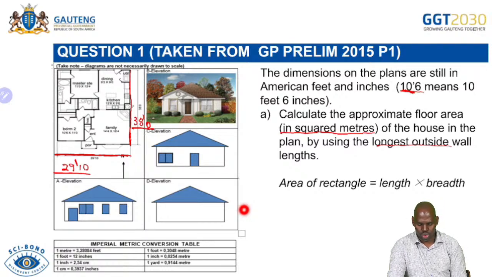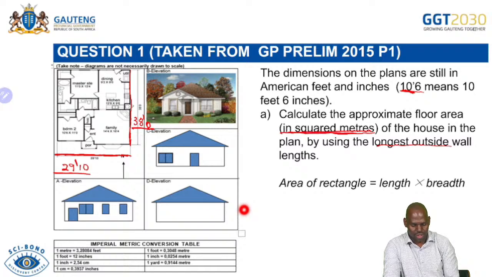Okay, so what we need to do is to convert our length. Obviously the length will be the longer side, 38 feet and 0 inches, and that one is 29 feet and 10 inches. We need to do the conversion first. Now, how do we convert so that we end up with meters? Our answer must be in squared meters or in meter squared.